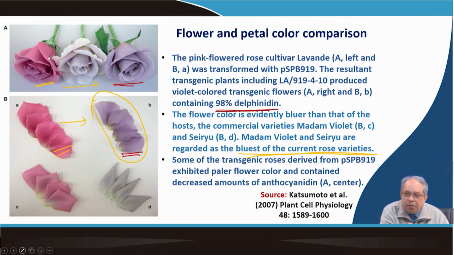This was the cultivar producing this sort of coloration. One thing you see, this is a slightly paler red. They purposefully chose such a one so that the red will not interfere, and they blocked the rose DFR, added the Iris DFR and added the Viola F3'5'H.